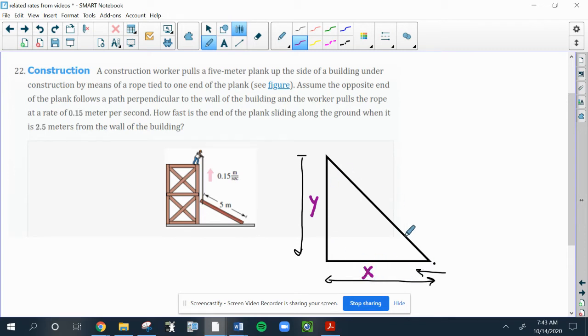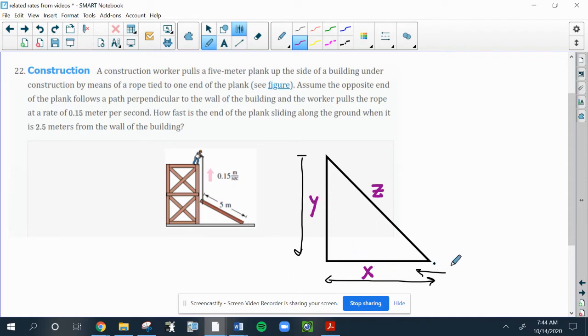So we have to find a relationship between these sides. And since this is a right triangle, that's going to be the Pythagorean theorem. One thing it's useful to take into account, though, is we're going to have to bring this z side in, the hypotenuse, but it's not a variable. It's always 5.